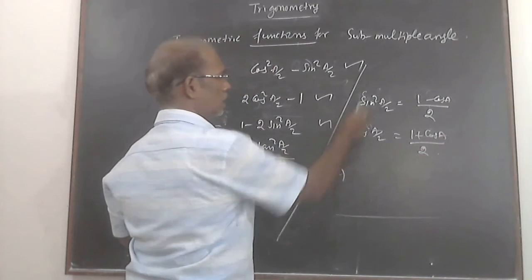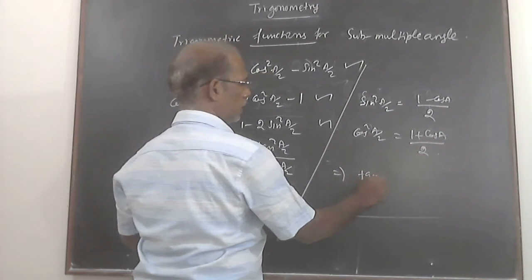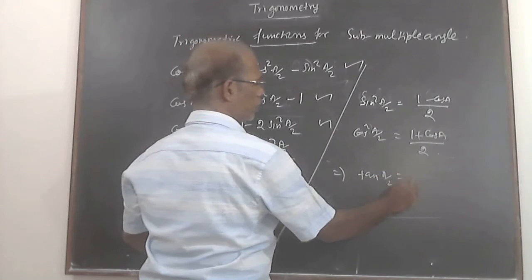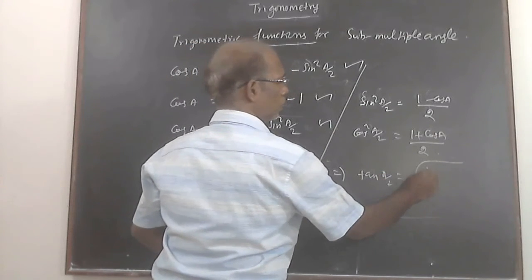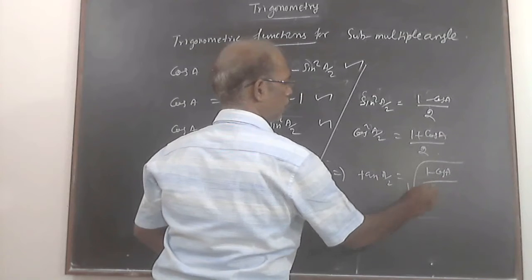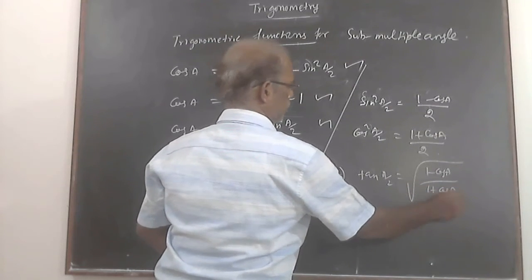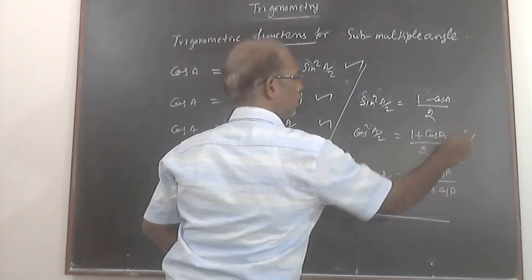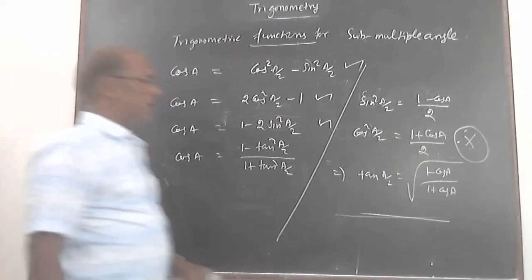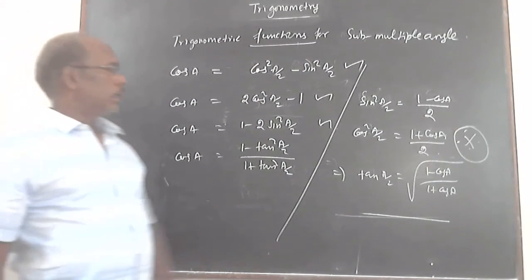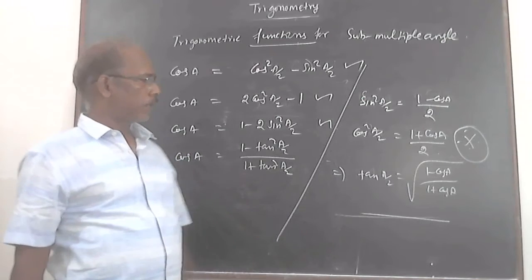This implies sin square by cos square, tan square A by 2, equals 1 minus cos A by 1 plus cos A, and tan A by 2 is the positive root of that. All these three are very important conversions in integral calculus.